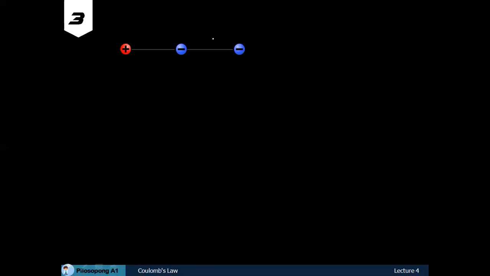So let's label our figure. This positive charge is Q1, then this is Q2 and Q3. Let us say that the distance between Q1 and Q2 is 2 centimeters, and for the two negative charges, let us say there's a 3 centimeter distance.